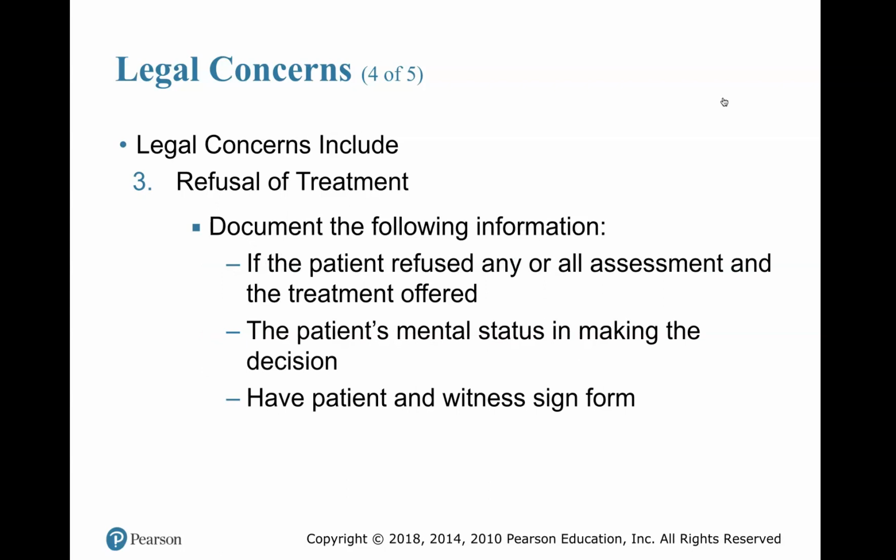Document the following in refusals. If the patient refused any or all assessment and the treatment offered, the patient's mental status in making the decision, and have the patient witness and sign the form. If they refuse to sign the form because they are adamant about refusing all of your help, then you need to put on there refuse to sign and have a witness, like someone who's not a family member, sign that form.